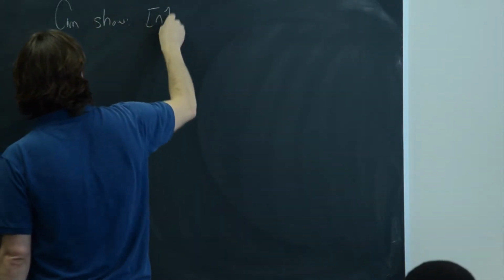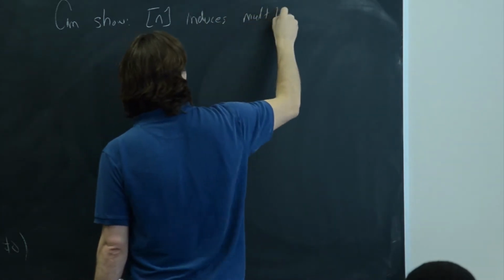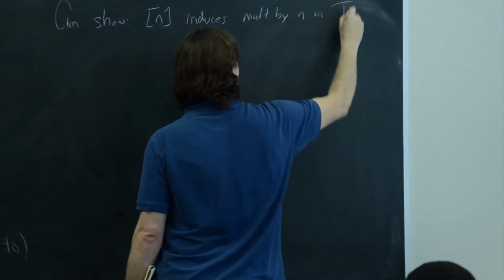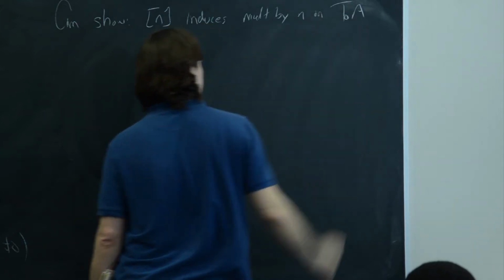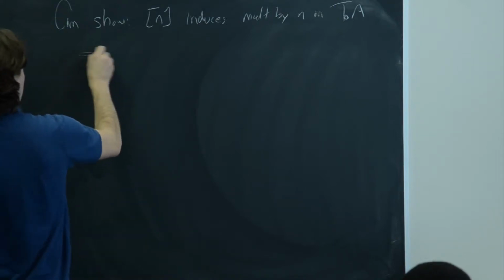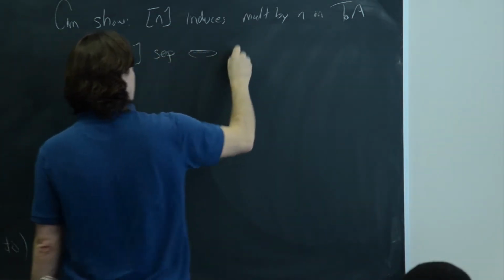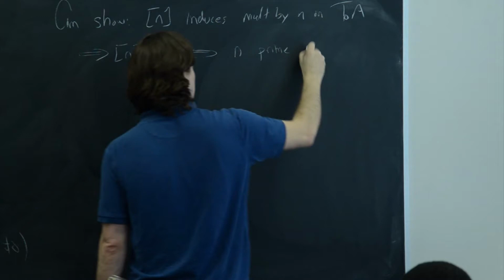that the multiplication by n map induces multiplication by n on the tangent space at 0. And so in particular, if n is prime to the characteristic of the ground field, this is an isomorphism of the tangent space. And you can use that to show that the map is separable. So n is separable if and only if n is prime to the characteristic.